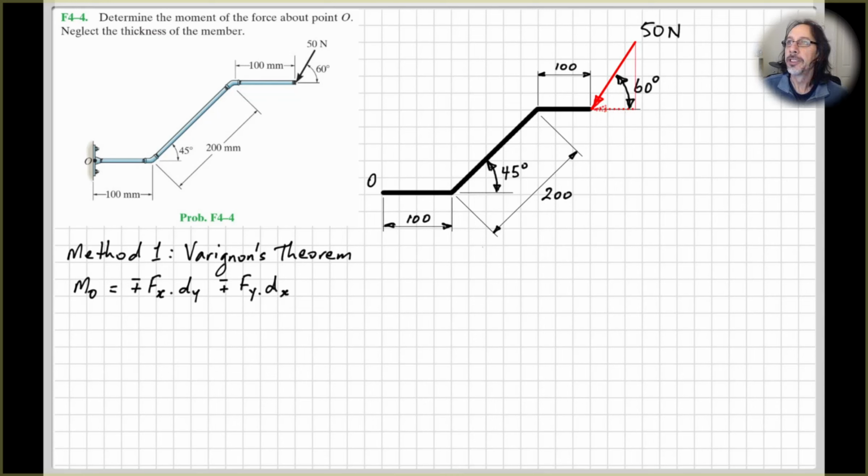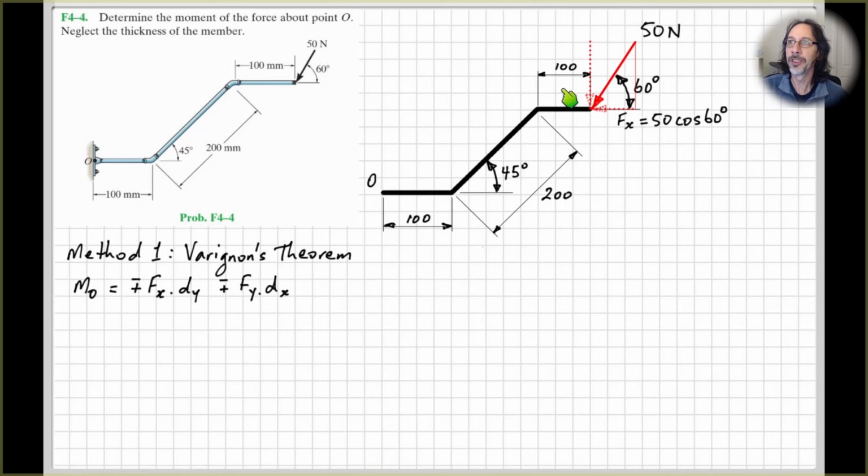and consider that little right angle triangle there. We can see that this bottom side here, where we've drawn our component, is the adjacent side to the 60 degree corner. So therefore that's going to be 50 cos 60 degrees for that component. Similarly for the vertical component, and again draw the force components at their proper line of action, right?